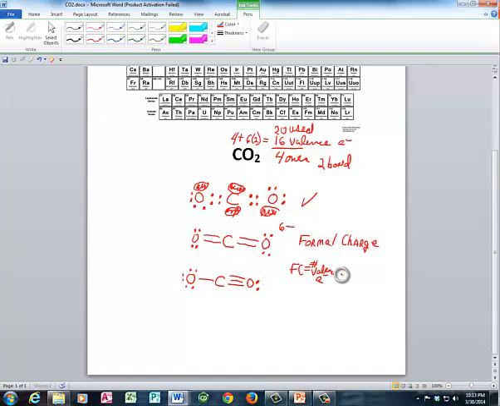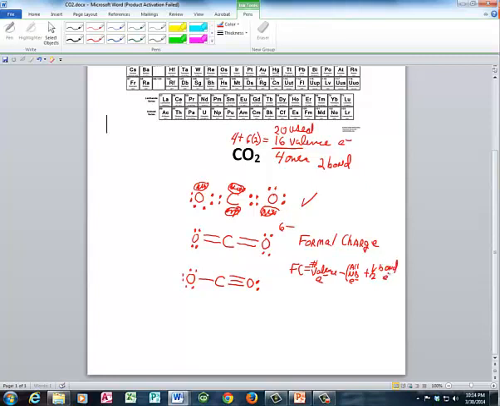And what we do is subtract from those 6 valence electrons all the non-bonding electrons that are attached to that oxygen. So it's all the non-bonding electrons, and I'll just call that NB electrons, plus 1/2 of the bonding electrons.